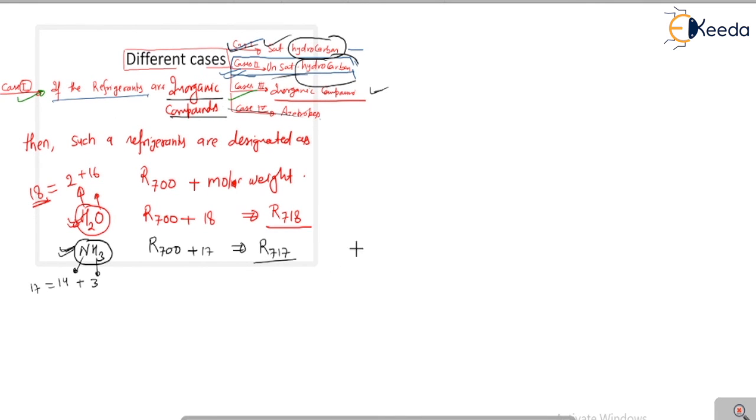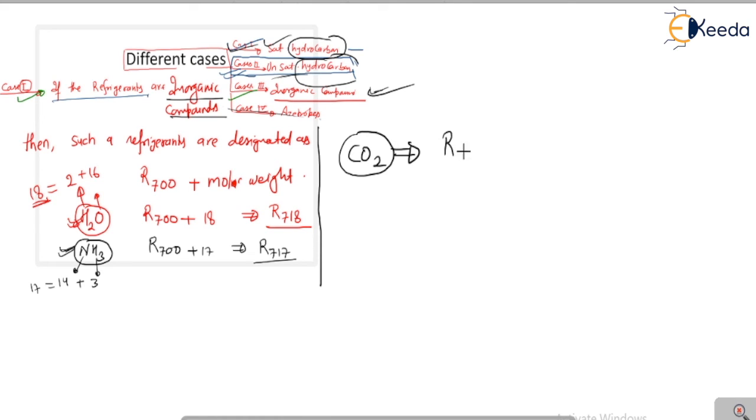Okay. Let's move with next example. If we want to write carbon dioxide, first of all we have to know what is an inorganic compound and what is an organic compound. So this carbon dioxide is an inorganic compound.